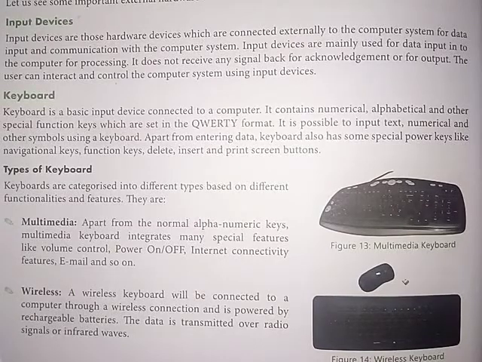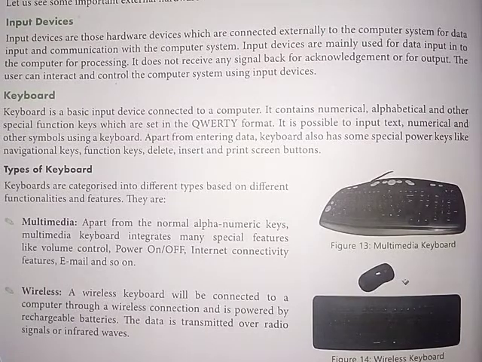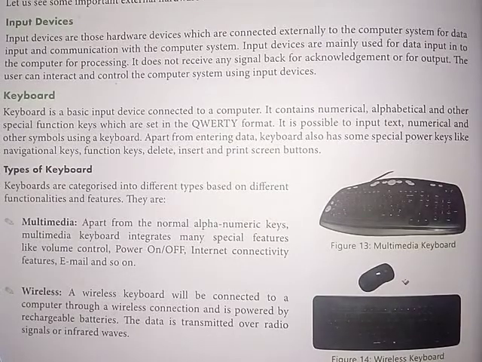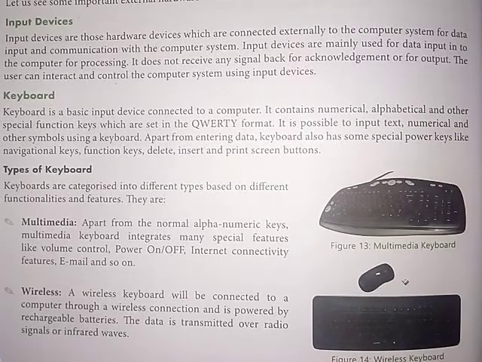Wireless keyboard. A wireless keyboard will be connected to a computer through a wireless connection and is powered by rechargeable batteries. The data is transmitted over radio signals or infrared waves.